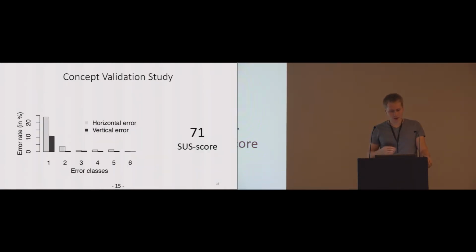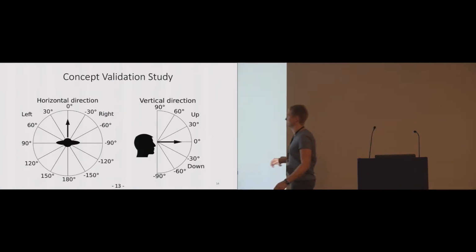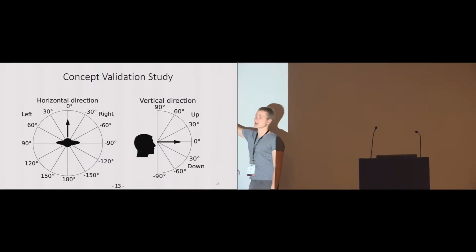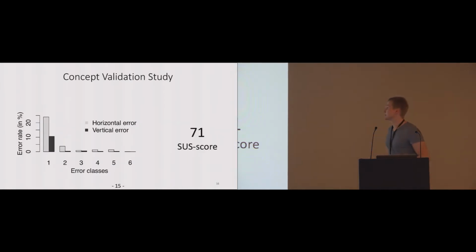To understand our results here, it's really easy. Let's go back here. If somebody was, for example, saying, okay, this object is in this area, but it was actually in this one, then it was an error class 1 in this scenario. For the horizontal error, around 25% were assuming the direct neighbor class.